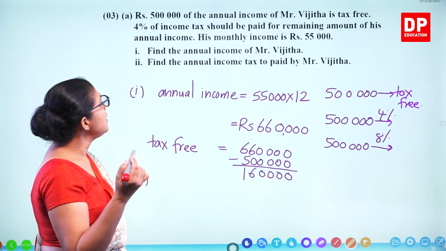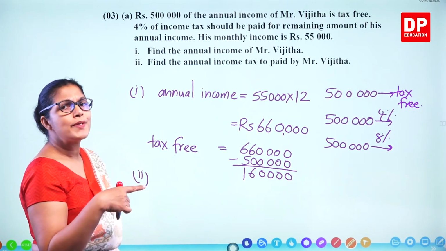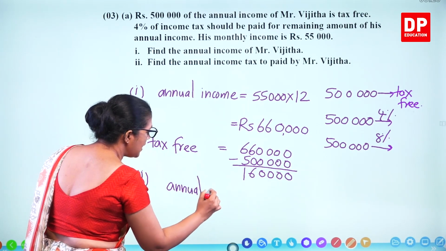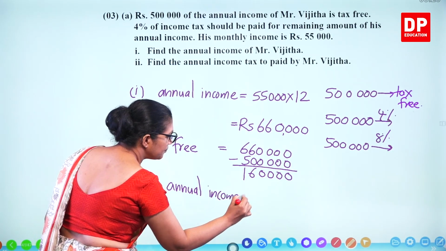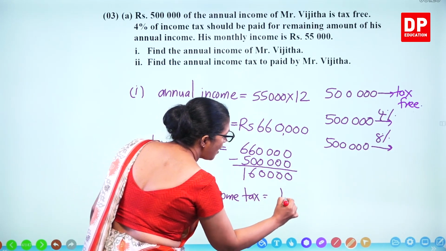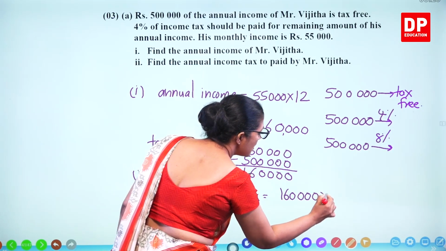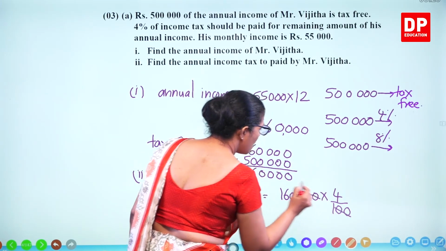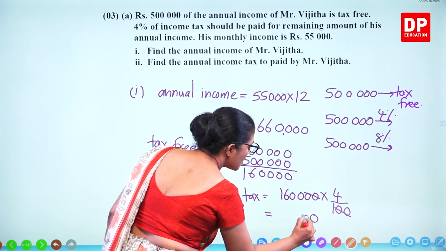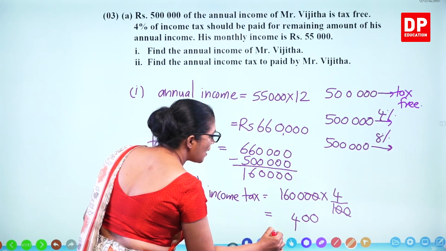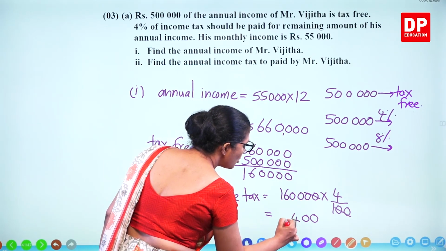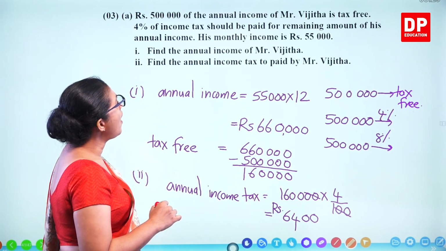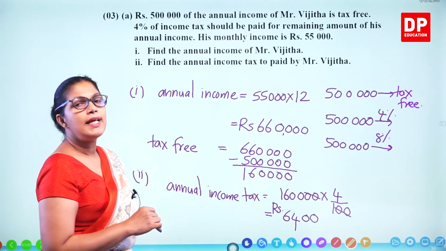So annual income tax: 160,000 into 4%. 4 times 6, 24. 4 times 1, 4 plus 2, 6. So he needs to pay 6,400 as annual income tax.